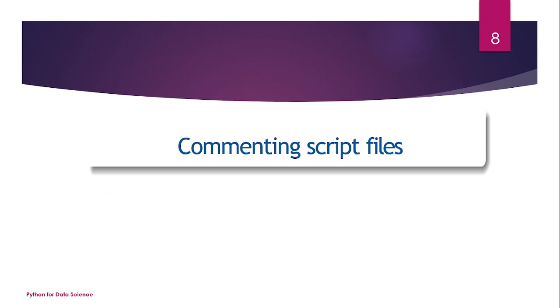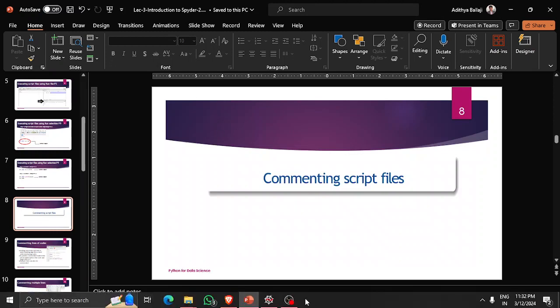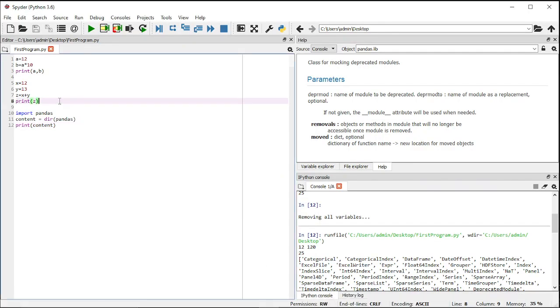Next is commenting the script file, but before we go into that, I'll show you how to actually run the entire code and how to run a single line of command also. I'll just comment this, it is for the next part, just a minute. Now this is commented.